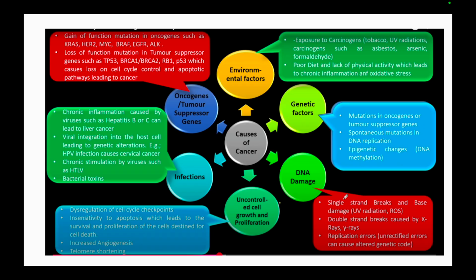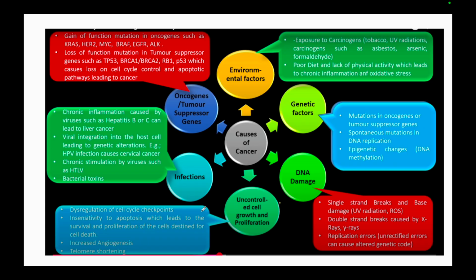But when the damage is persistent, it can lead to mutation, which can ultimately lead to cancer. Uncontrolled growth and proliferation, that is dysregulation in the cell cycle checkpoints, can lead to an increase in proliferation of cells, which can ultimately lead to a tumor.